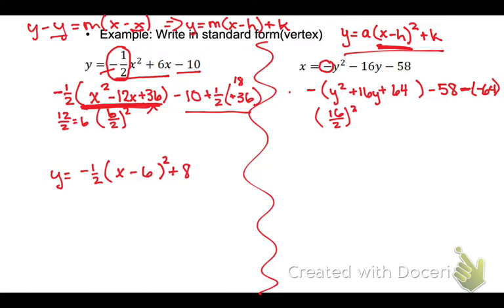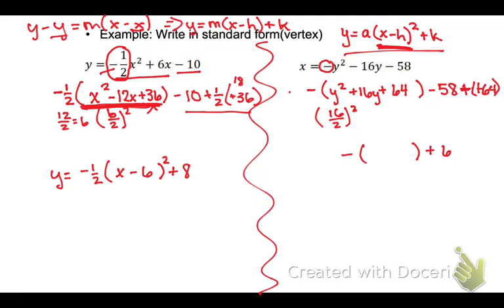Now what? Simplify. So 64 minus 58 is 6.